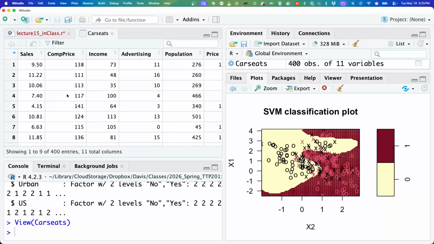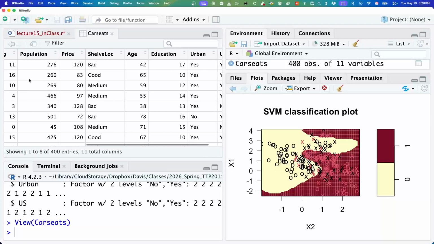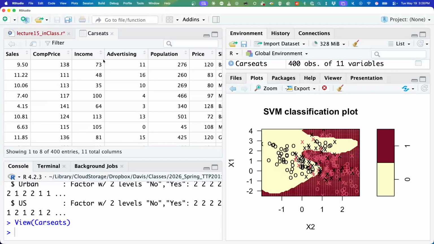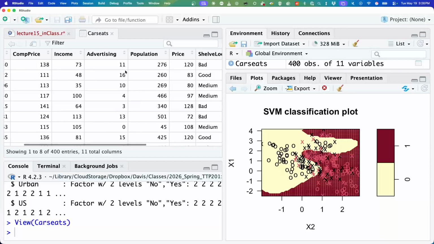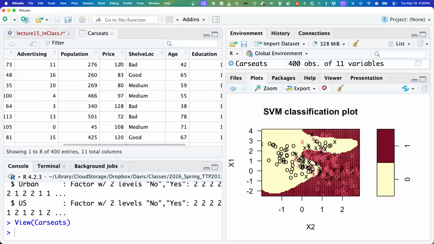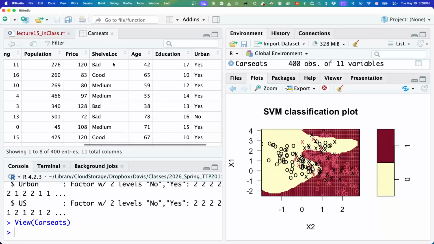These are children's car seats, and for a particular car seat they look at how many sales it has, given its competitor's price, the average income of people buying the car seat, the amount of advertising, and how much the car seat actually cost.